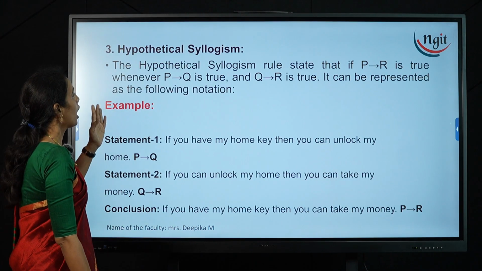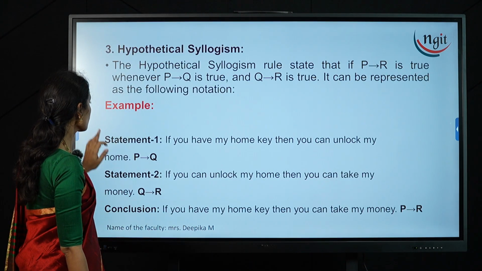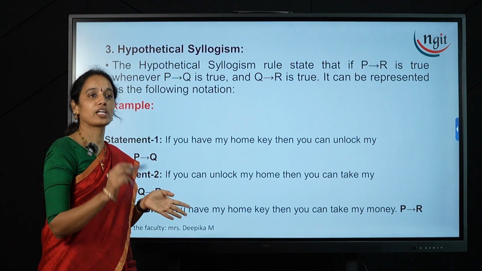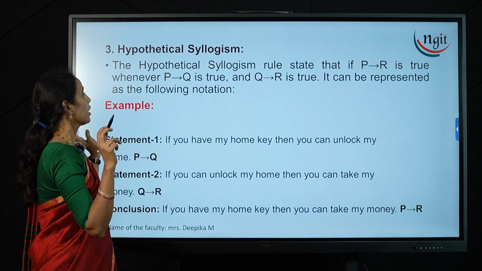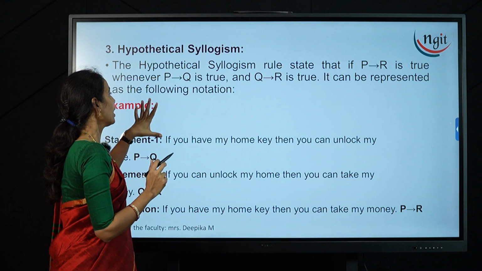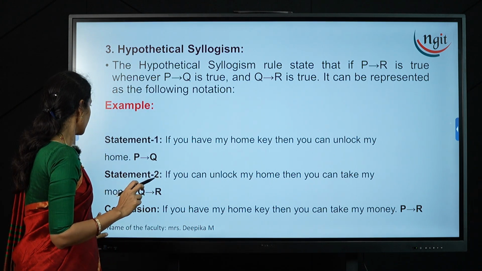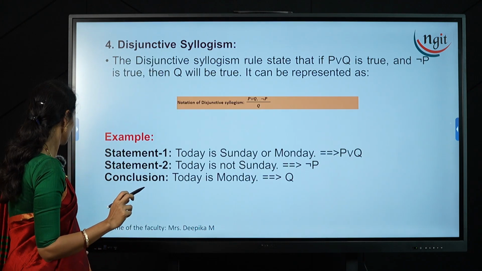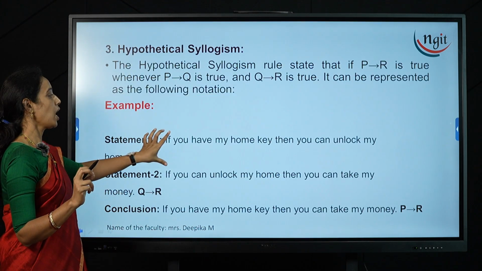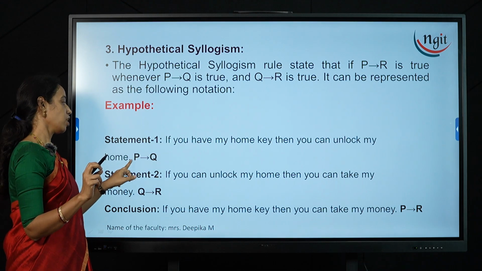Next one, hypothetical syllogism. This rule states, like a transitive property, that P conditional R is true whenever P conditional Q is true and Q conditional R is true. See here one statement: if you have my home key, then you can unlock my home.